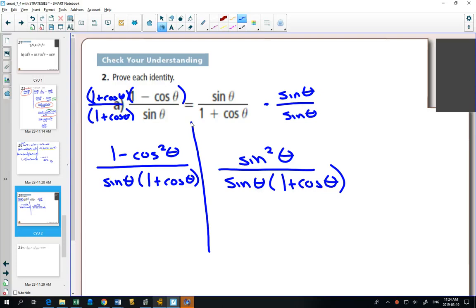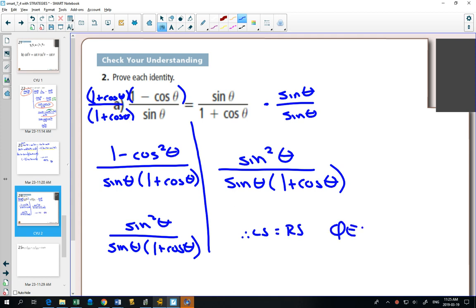And now that they're squared, we can go to our identity and say, hey, I can use sine squared plus cos squared equals 1, because 1 minus cos squared is just sine squared. And we're done.